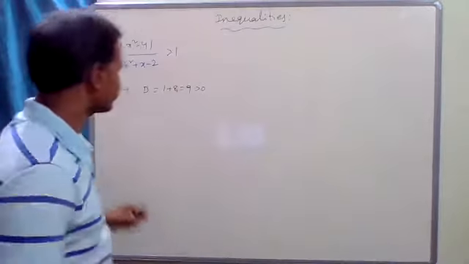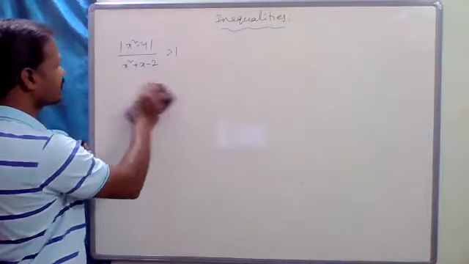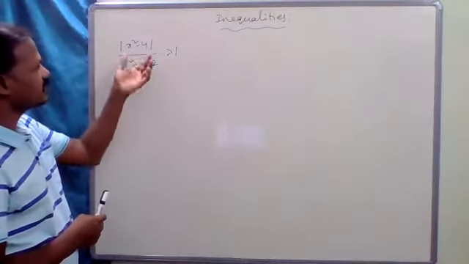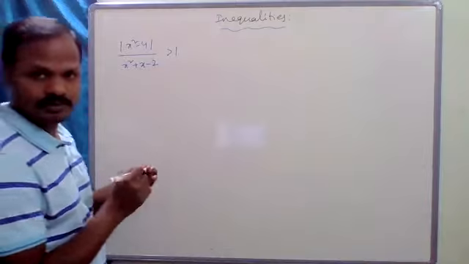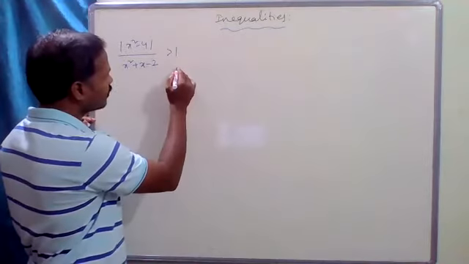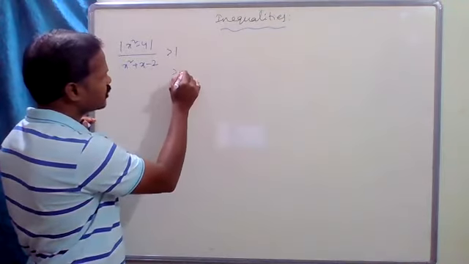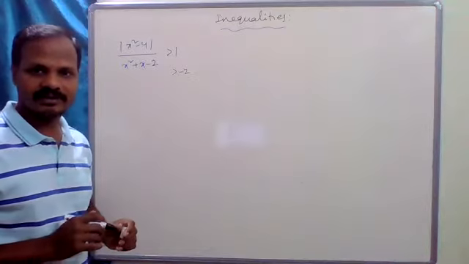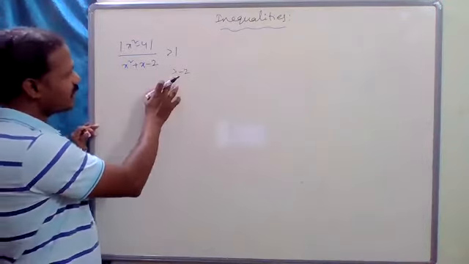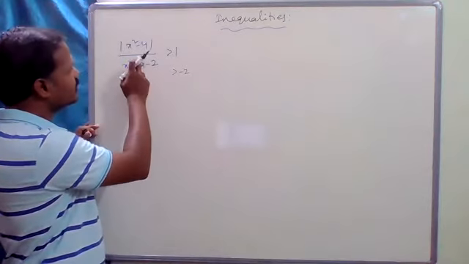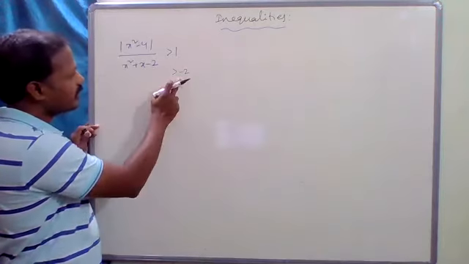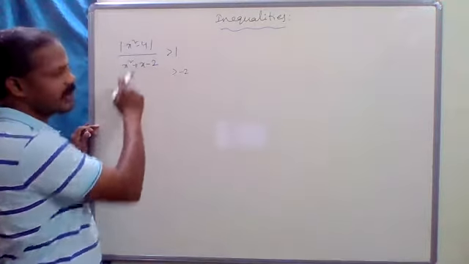Okay, fine. Now see, since this expression is positive, suppose if here it was, for example, greater than minus 2, then you would have to do this problem in a different way. Because if it is greater than minus 2, there is a possibility for this to be negative, maybe this value is minus 1.